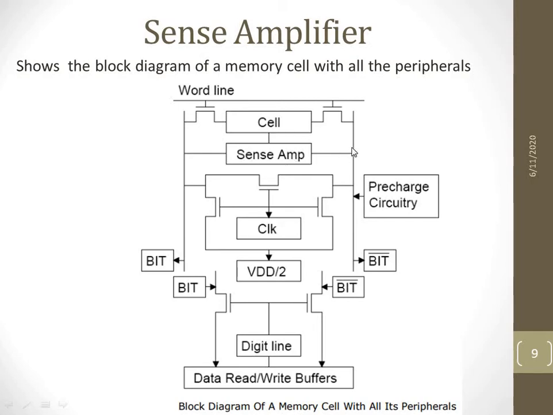For this sequential circuit, the memory cell, to operate, we need a clock. So here we have a clock, and this clock has to be passed equally. This is a balanced clock, and the clock is divided by 2, that means VDD by 2, so that bit and bit bar are pre-charged simultaneously, and these are the data read and write buffers.